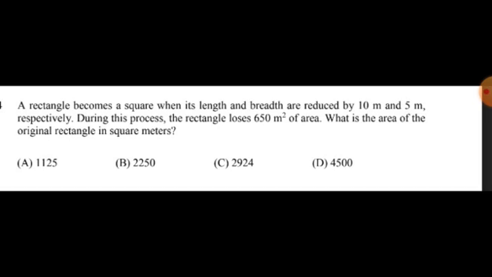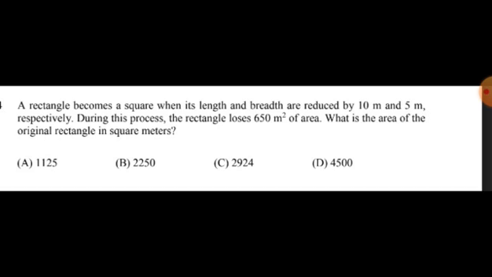You can think any value can match, but by relating to the options we should find the answer. You can put the value of L as 25 and B as 20, it will also become the same, but the answer will be 500. It's not there in the options, then go to the next number.